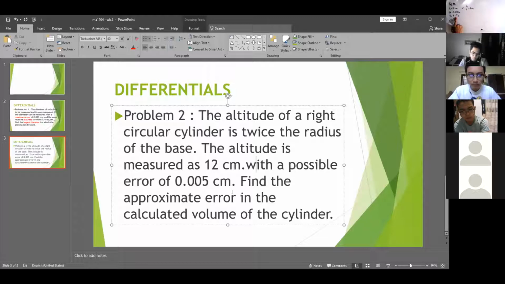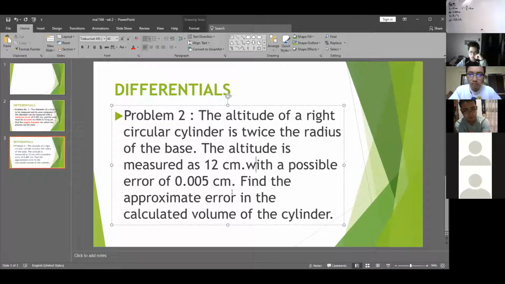Then r squared: how do you differentiate r squared? 2r. Very good. And then the differential for h would become dh.